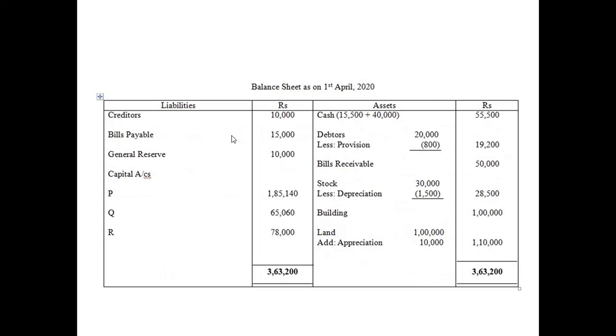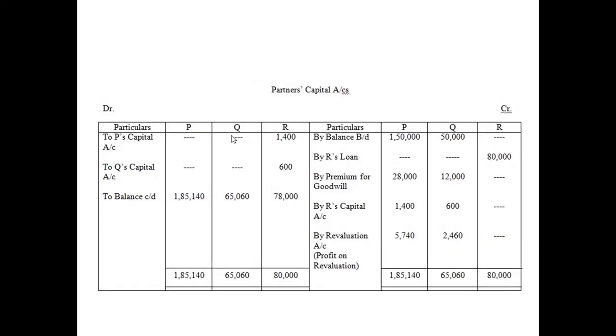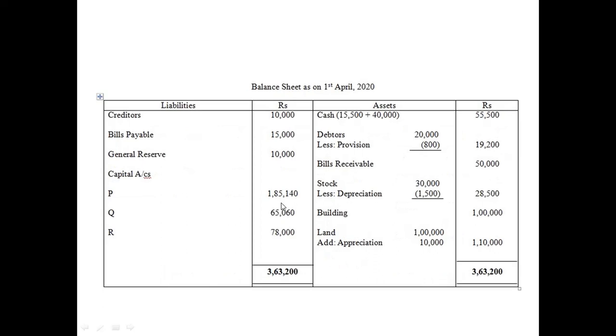So this general reserve is to be continued, and the capital accounts of partners are to be extracted from the capital accounts of partners which we have prepared just now. This balance CD is the balance of the partner's capital. Total will be 3 lakh 63,200 rupees, as you can see here.